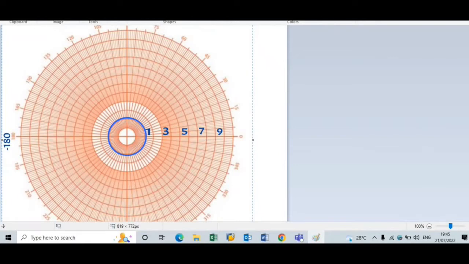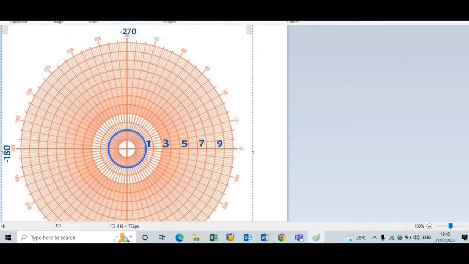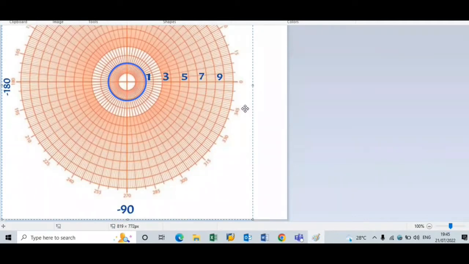Now we will plot the magnitude and phase angle on this graph paper. How to plot the angle? For positive angles, here is 0, after that plus 90 degree, plus 180 degree, plus 270 degree, and so on.